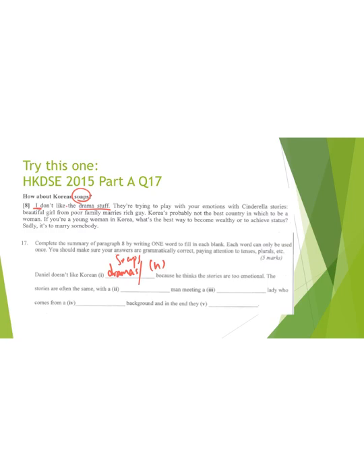Because he thinks the stories are too emotional. Here, you actually need a plural noun, because, as you can see here, the stories is also a plural noun. So the answer should be plural for blank number 1. The stories are often the same, with a what man? Obviously we need an adjective here.